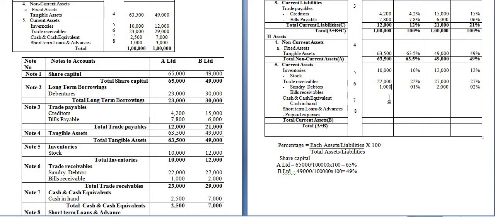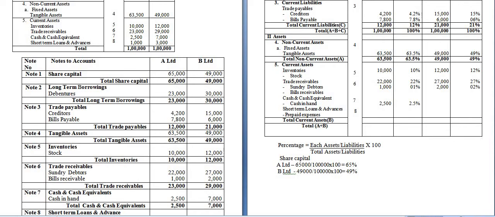So in front of cash in hand, write the amount. How much? 2,500. And the percentage: 2,500 divided by 1 lakh into 100 is equal to 2.5%.